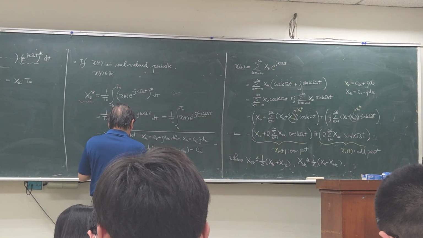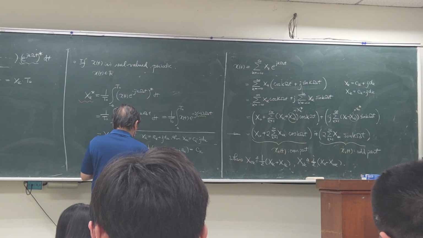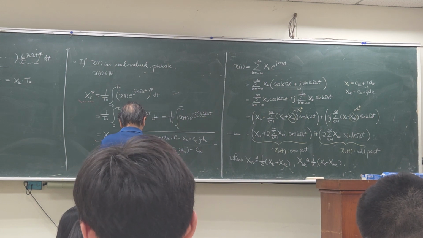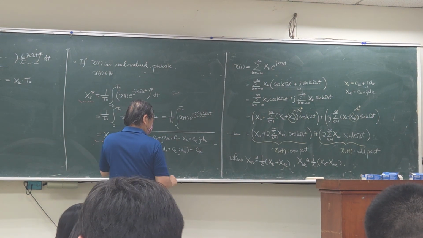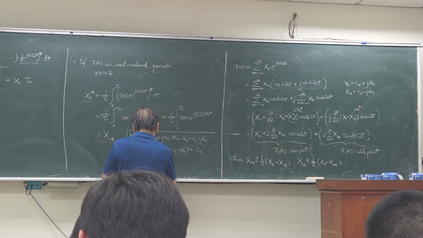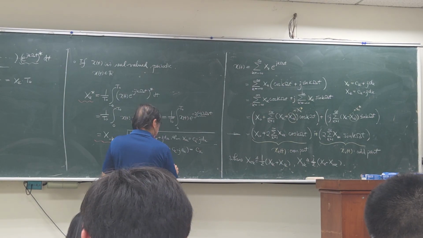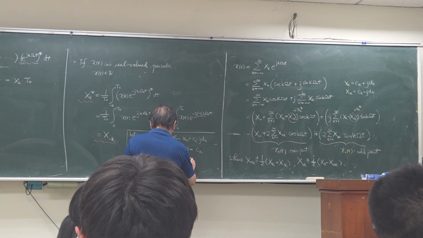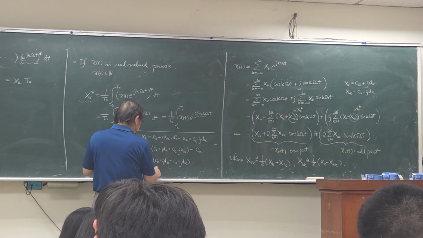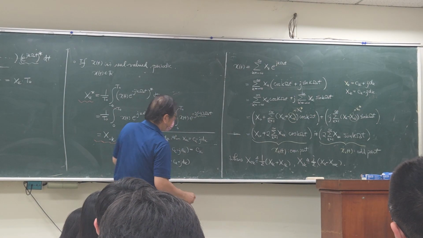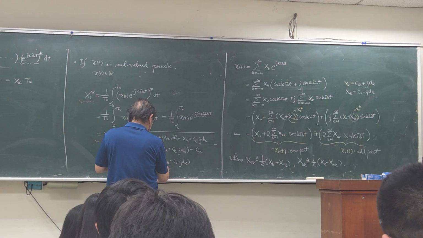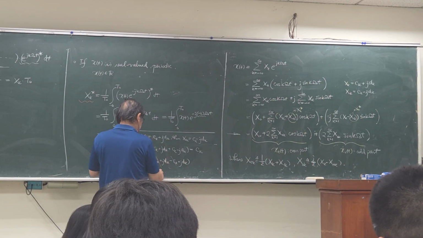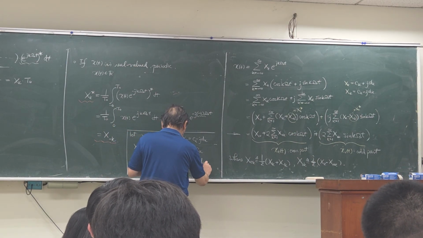And the odd part will be 1/2 j times x of k minus x of negative k. So these two ck cancel out, and we have 2 times j dk times 1/2 j, so it equals negative dk.